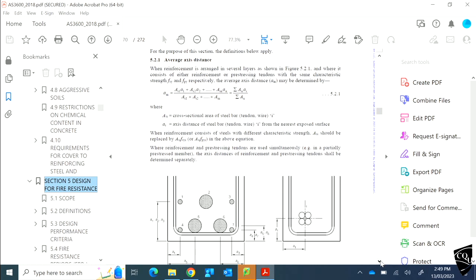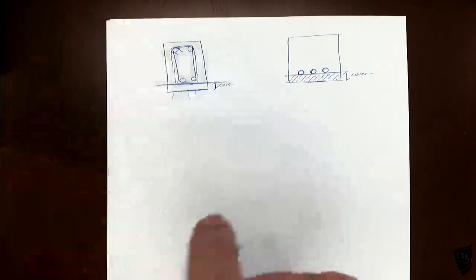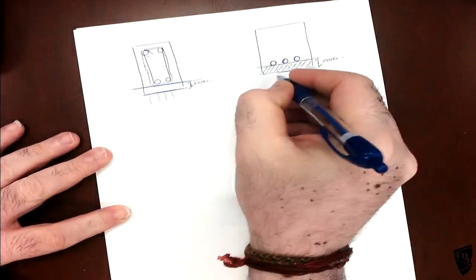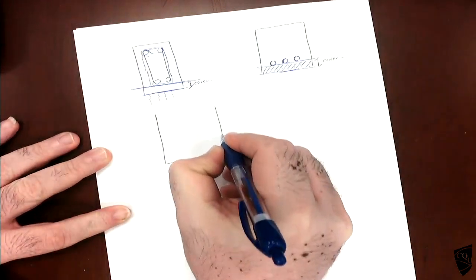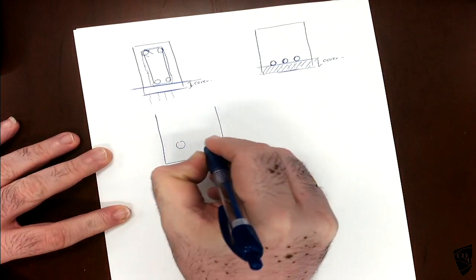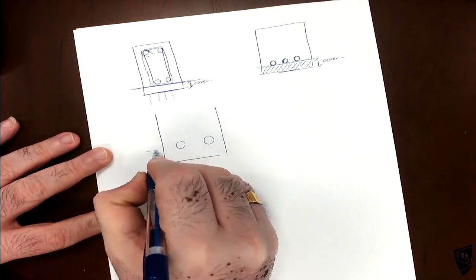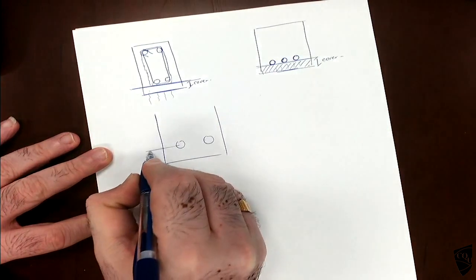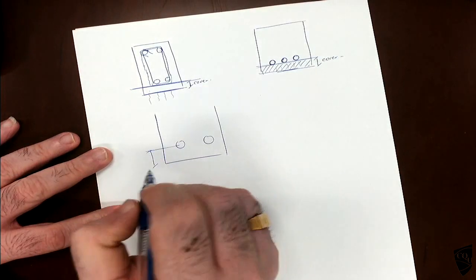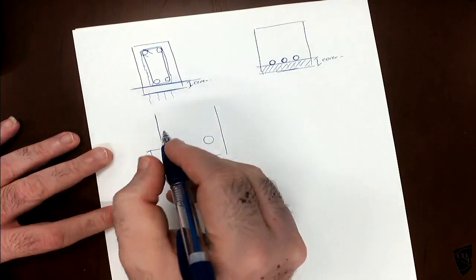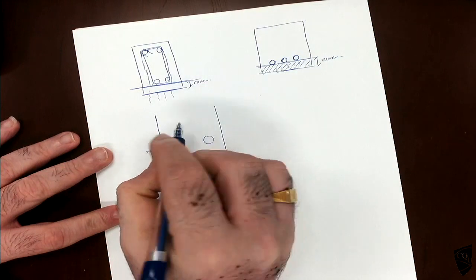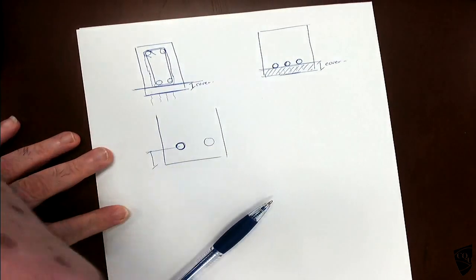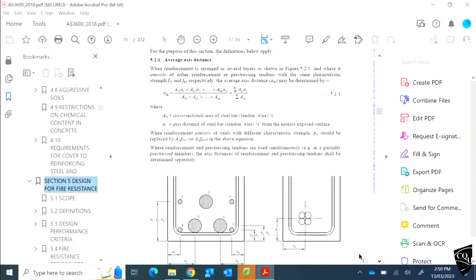So simply, if you have a structure, the reinforcements are there, and the axial distance is this one. For each bar you need to add and take the average. That's what they said in the standards here.